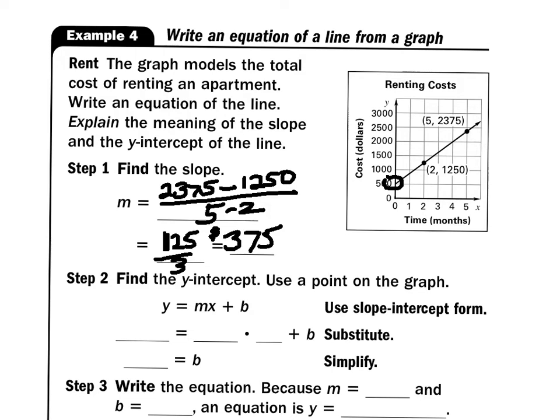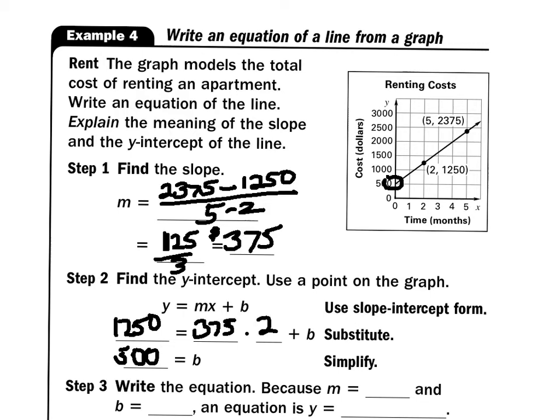Now, find the y-intercept. Well, we can work it out, can we? Or we could just notice that the y-intercept is 500. Okay, because we're pretty smart and we can read that off the graph. But if you wanted to work it out, we could put down 1,250 equals our slope, 375, times 2.